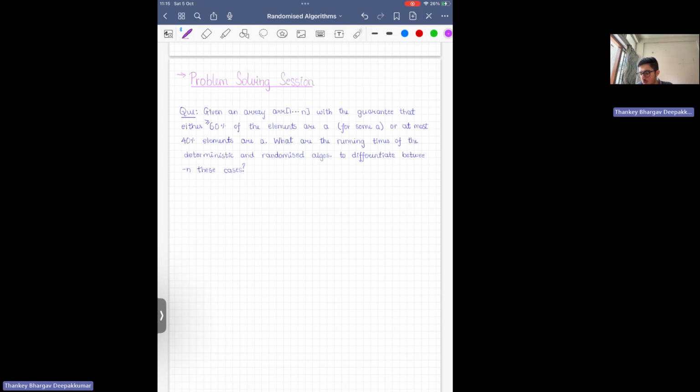And we want to know what's the running time for the best deterministic algorithm and what's the running time for the best randomized algorithm.